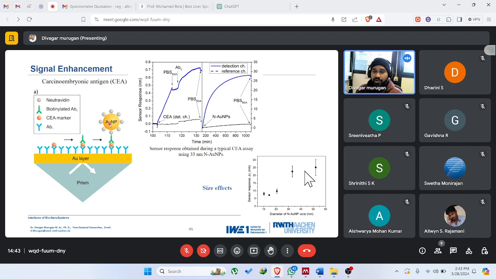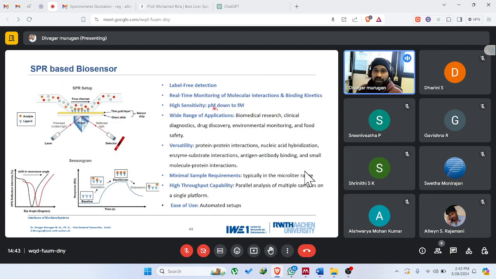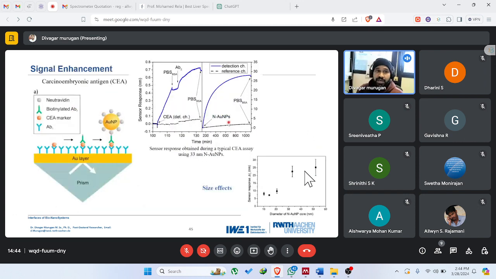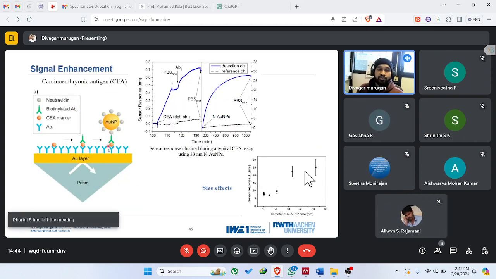But however, in case you wanted to increase the sensitivity, for example, previously I mentioned it can detect from picomolar to femtomolar concentration. But if you wanted to increase the sensitivity to attomolar or sub-attomolar concentrations, then you have to use a label to enhance the signal.